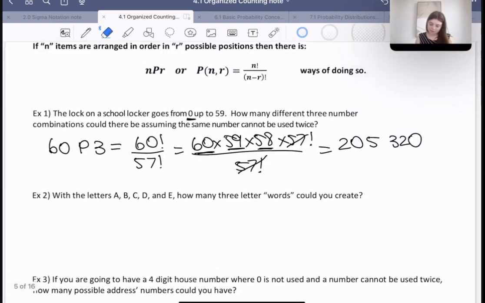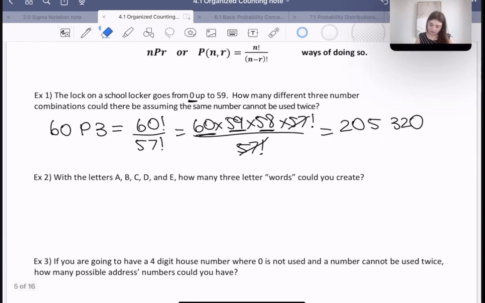How would we figure out this one? Well, we would say that there's 5 letters, and we're going to choose 3 of the letters, and we want to also know the order of them. The order matters because we might choose the same 3 letters but have multiple different permutations, right?